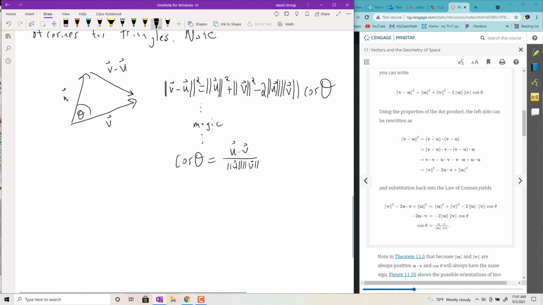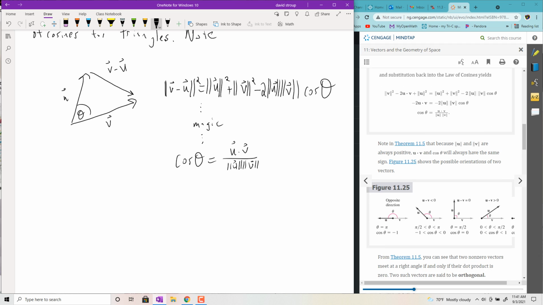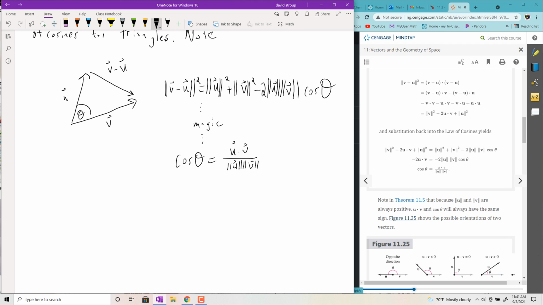So you could use this in any form. You can multiply both sides by the magnitudes and solve for u dot v, and then you are able to make some statements about the relationship between the two vectors with regard to the dot product.